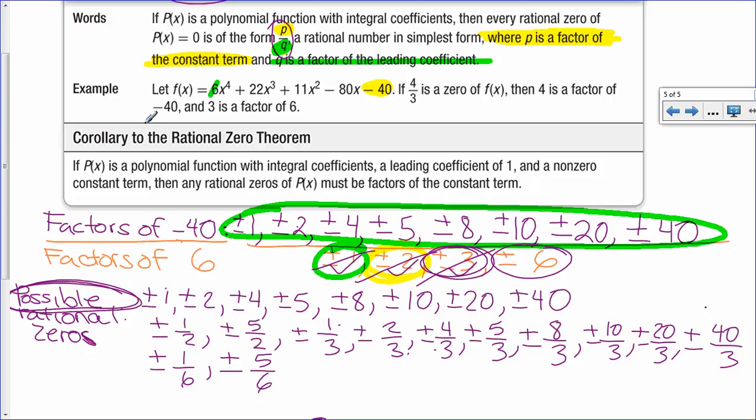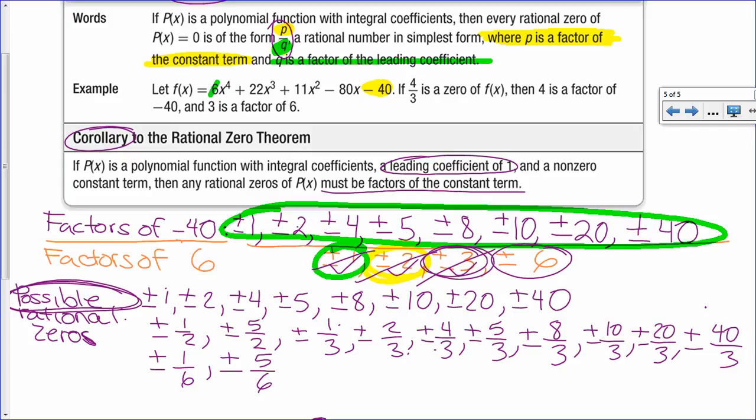All right, now quickly, this is the very last thing on your notes, and that will be the corollary. Remember, like a variation or a correlation to the original theorem. And so that one tells me this. If the leading coefficient is equal to 1, then the possibilities are just going to come from the factors of the constant term.